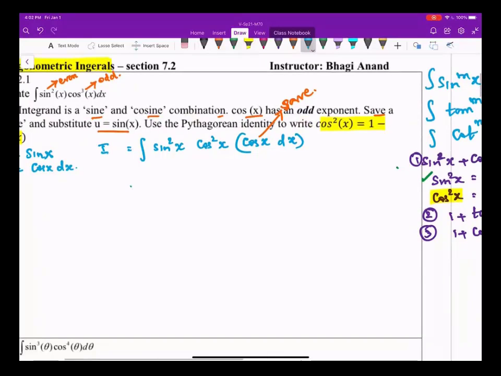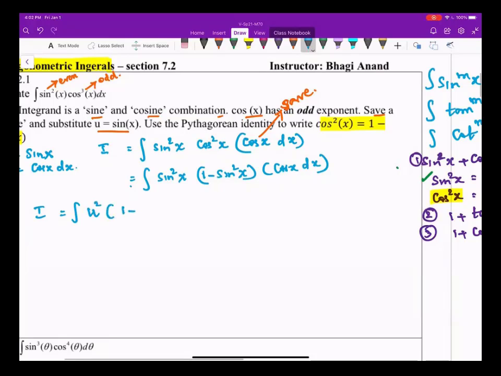So use that, which will be equal to the integral. Now it is sine square x, then cosine square x is 1 minus sine square by the Pythagorean identity, times cosine x dx. Now we want to convert everything to the variable u. Sine equal to u, so sine square equal to u square.